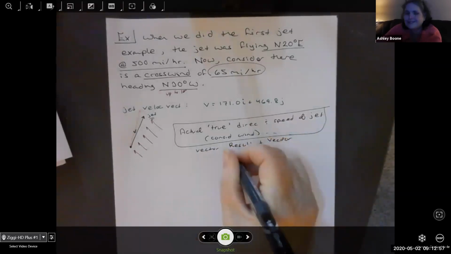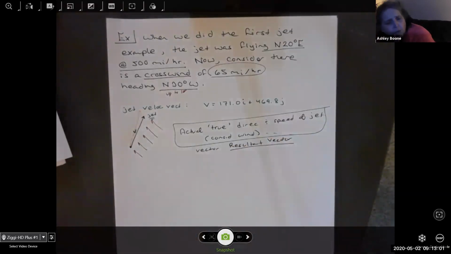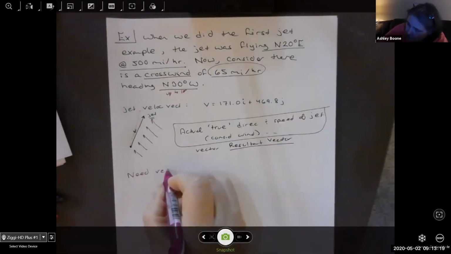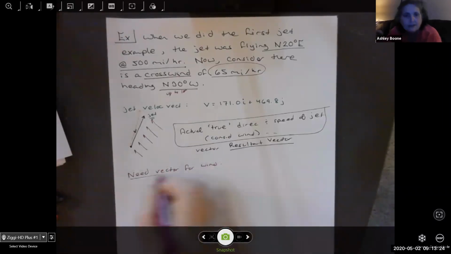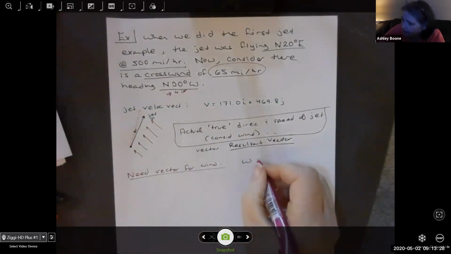What is the resulting outcome? What's going to happen after the wind pushes it off course? What is its actual direction and speed at that point, okay? In order to do that, I'm going to have to do a couple of things. First of all, I need a velocity vector for the wind. So I'm going to let W be the vector for the wind.